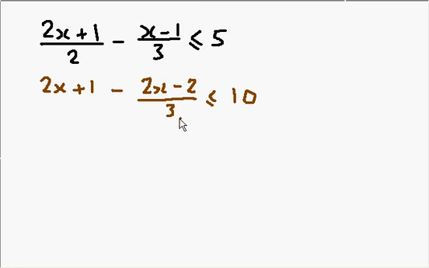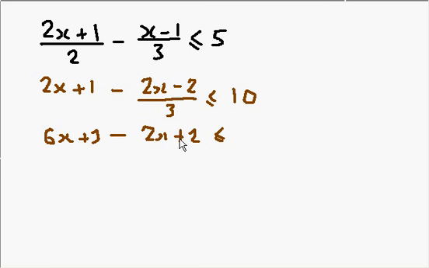Now I'm going to multiply everything by 3 to get rid of the denominator. So I've got 6x plus 3, take away 2x minus 2 is, watch out, this is take away this fraction, okay, so it's take away a minus number here, so that has become a plus.